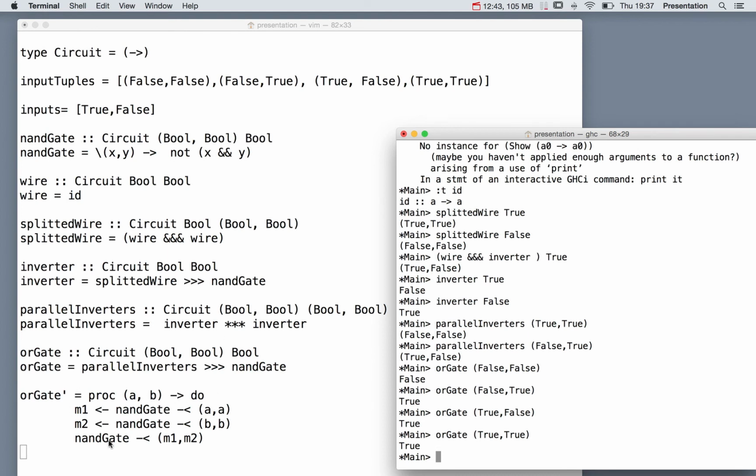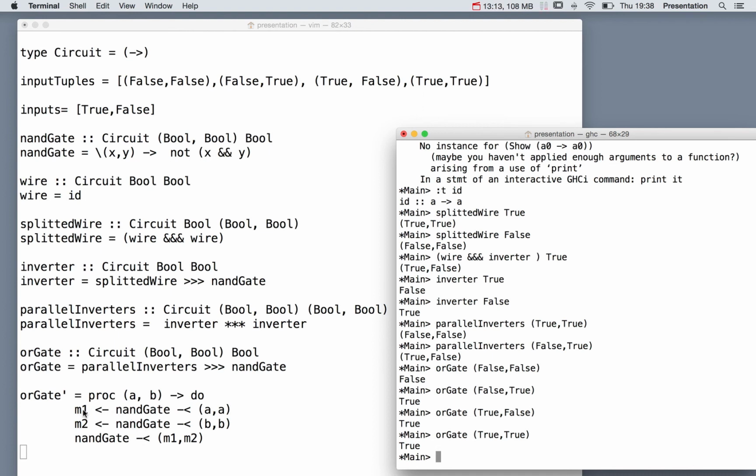So this notation was invented about 15 years ago, and the reason is because if you have complicated circuits, then you don't want to use these sort of basic combinators, but you want to have these bindings here.